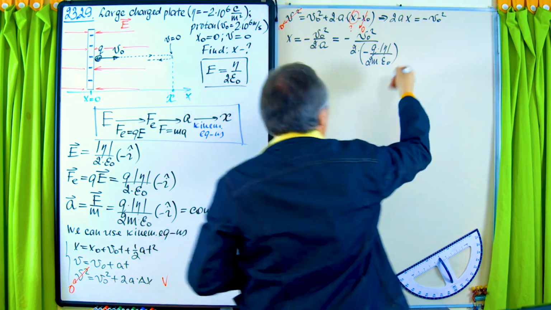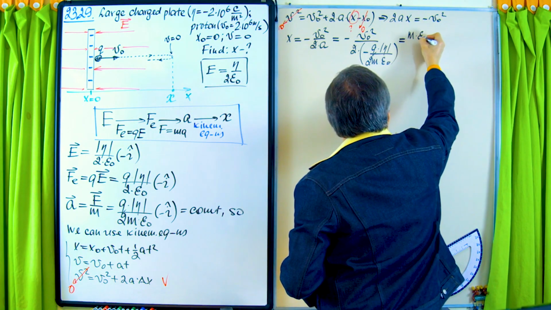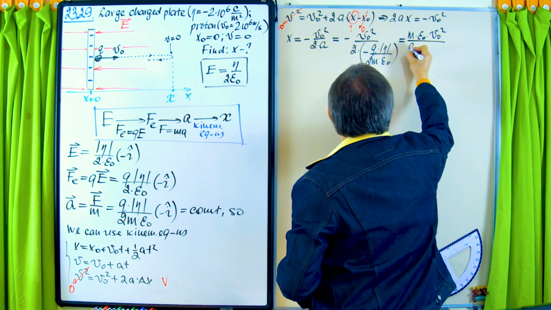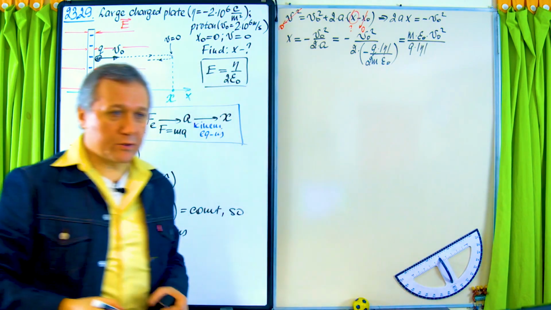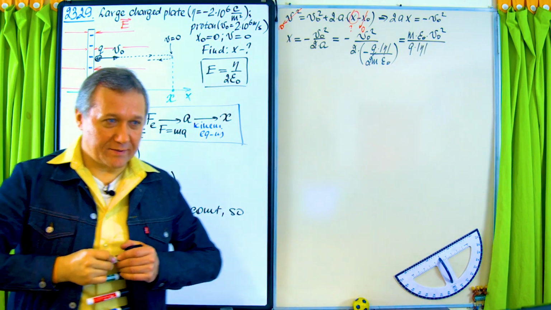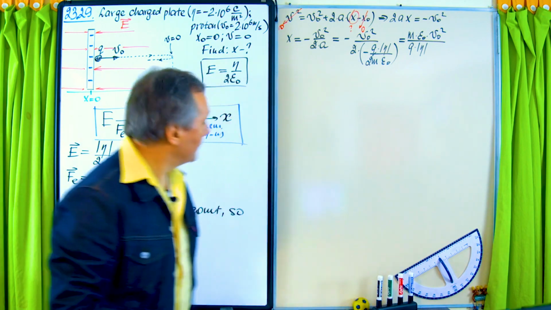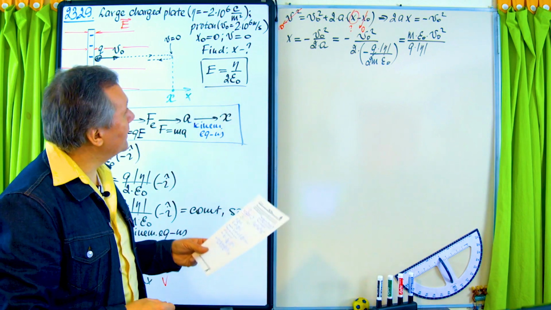M epsilon naught goes upstairs, minus disappears. M epsilon naught v naught squared divided by q times the absolute value of the surface charge density. Right. Okay, let me check if I got what I was planning to get.